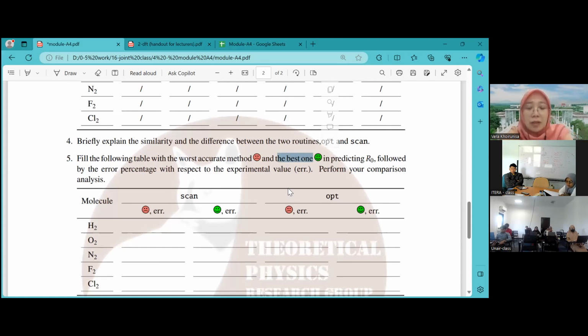So which one is the worst and which one is the best? The lowest percentage. So which one is the worst accurate? The least percentage or the higher percentage, the highest or the lowest percentage? Which one is the worst accurate method?